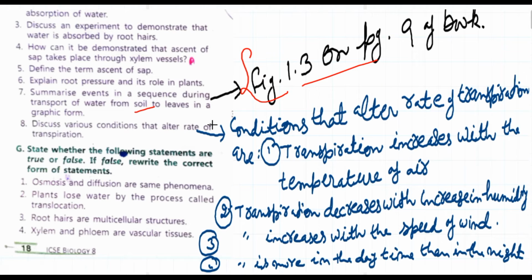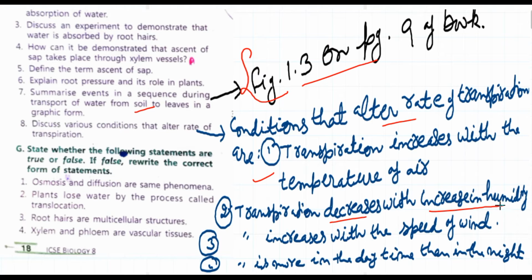So students, the conditions that alter the rate of transpiration are: first, it increases with the temperature of air. When the temperature rises, transpiration would also rise, right? So how to decrease this? Transpiration decreases with increase in humidity.